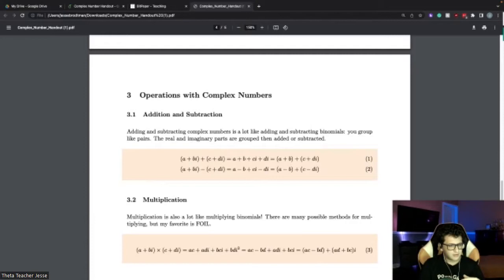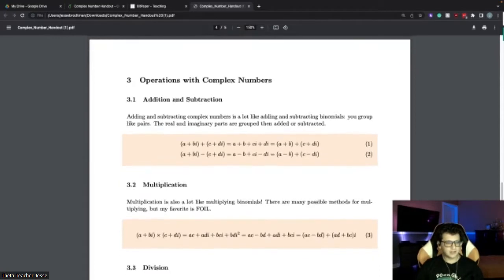That's okay, I'll fix it later. So a plus bi plus c plus di would be a plus c plus b plus d times i. Just a little typo on the handout, but it's just grouping a and c and then grouping b and d.